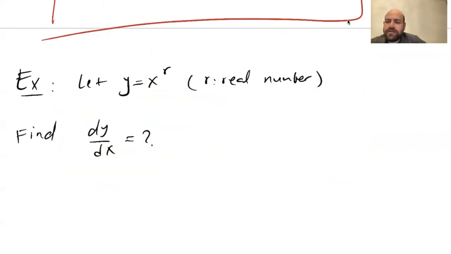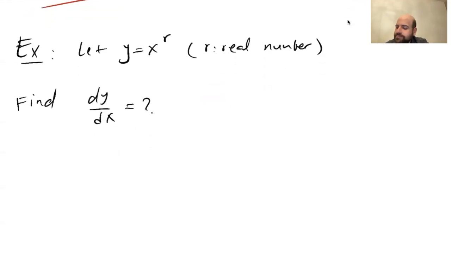For the case where m was an integer, we showed that the derivative of x to the power m is m x to the power m minus 1. But then I promised you that I'm going to prove that this rule holds even if m is not an integer. So here r is just a real number and doesn't have to be an integer. Still, we will show that the same rule holds. How can we show this?